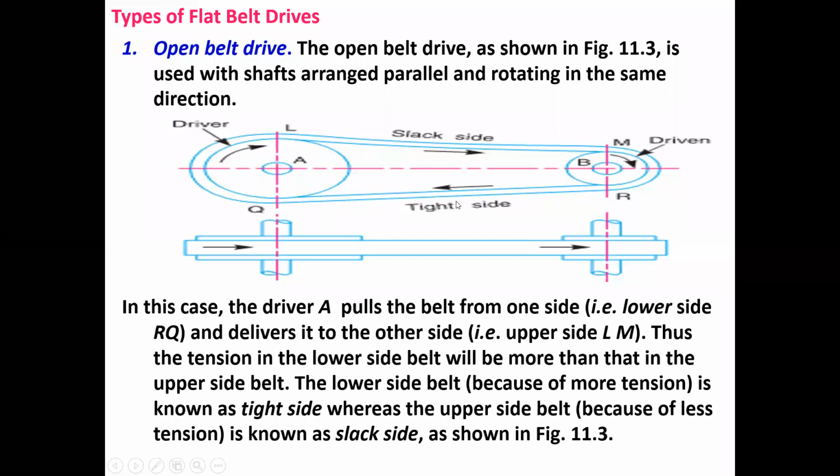In this, the lower side may be considered the tight side, and the upper side is the slack side. On the tight side you have less arc of contact compared with the slack side.